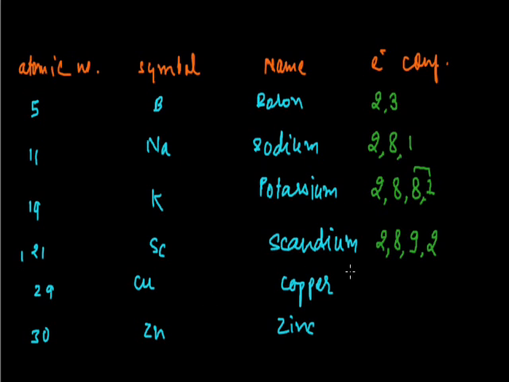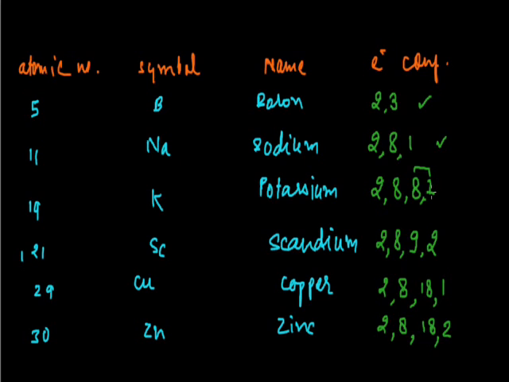For copper, the configuration will be 2, 8, 18 and 1. And for zinc, this is 2, 8, 18 and 2. So here we can see some examples of electronic configuration. For boron, it's very easy, 2 plus 3 gives us 5. For sodium, it's 2, 8, 1.